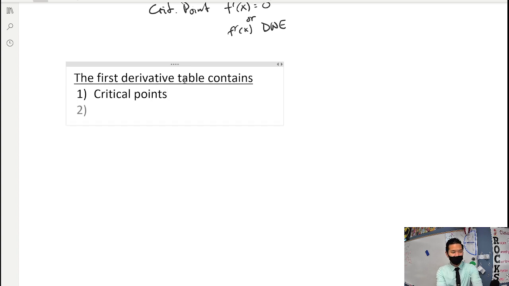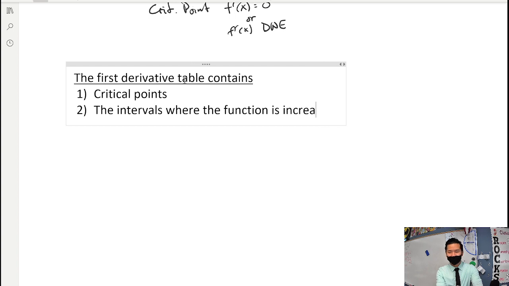After you list the critical points, the next thing you're going to see is the intervals where the function is increasing. Now, this happens when f prime of x is positive. And I'll show you how we figure that out. How do you know if f prime is positive or not? It's easy to see when you're looking at the graph, but when you're looking at a function, how the heck are you supposed to know if it's positive or not?